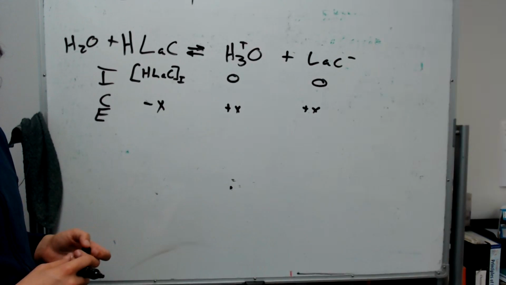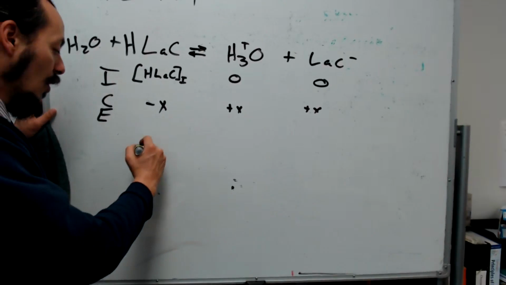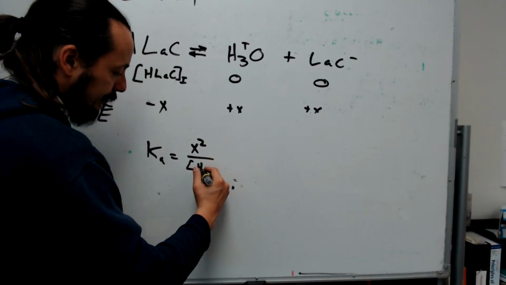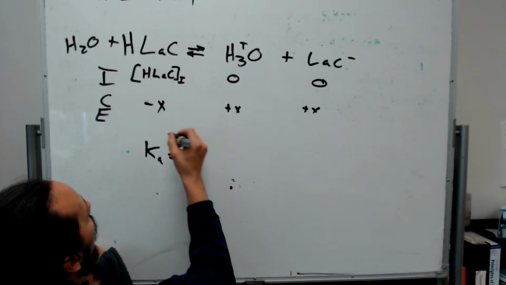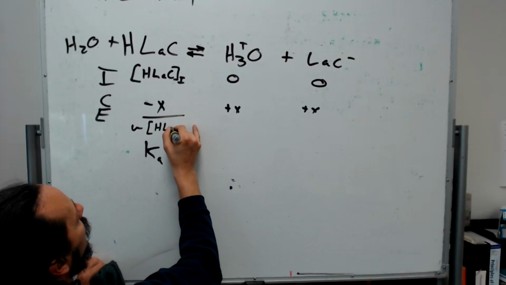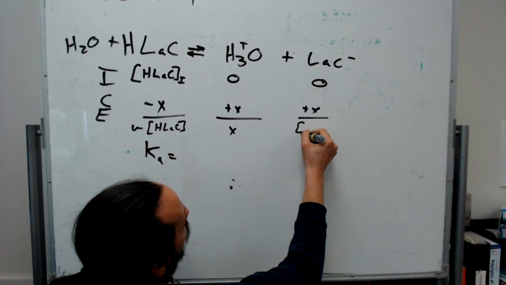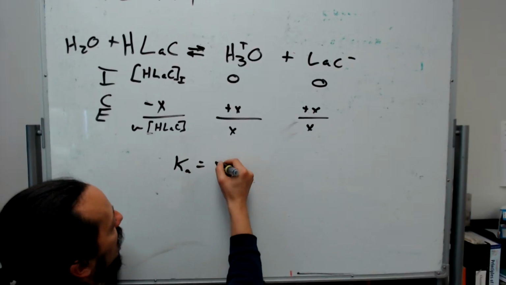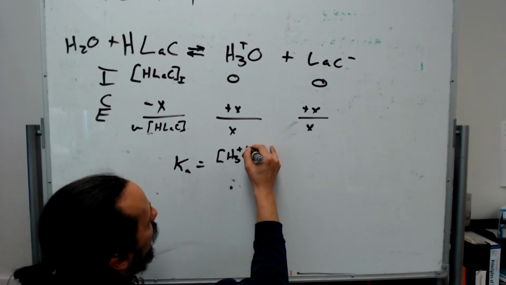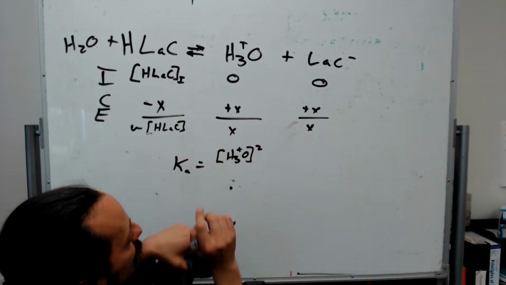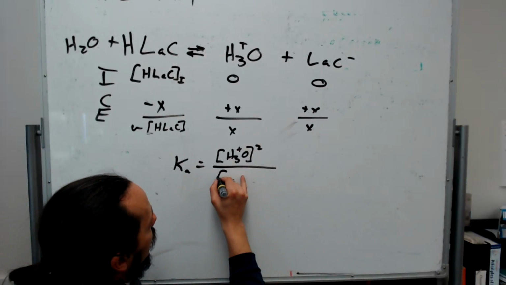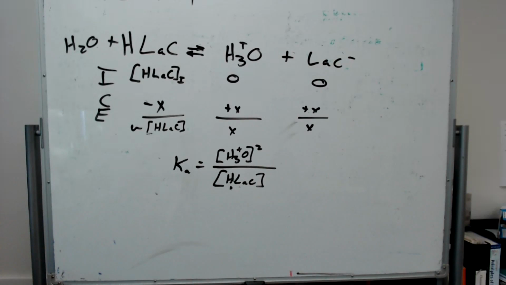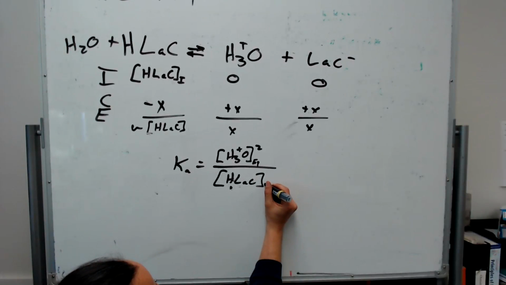Whenever we're doing these initial concentration, initial pH acid problems, we always end up with the same kind of thing: Ka equal to H3O plus squared, because of the 1-to-1 ratio, x is going to be that H3O plus, divided by HLac. This is at equilibrium, and this is the initial.